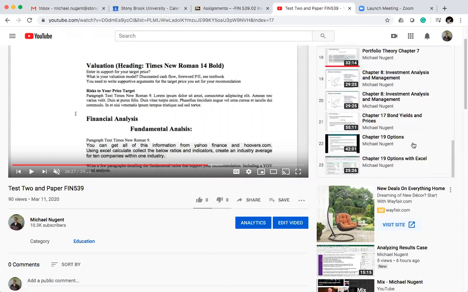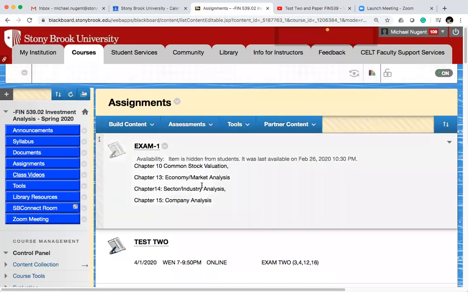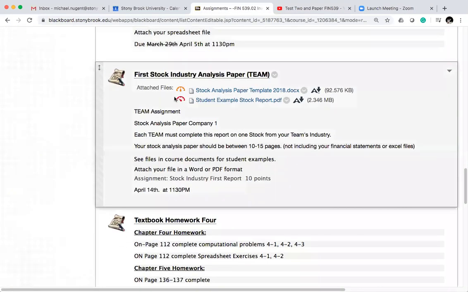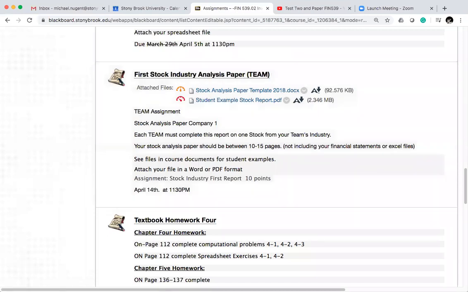So the big assignment to work on now is the paper, which that's here. Now this is the team assignment. So you guys have access to Zoom as well as I do. So you can coordinate with your team to have your own Zoom meeting just run by the students to help facilitate the completion of the stock paper, which is due on April 14th, which is April 8th today.